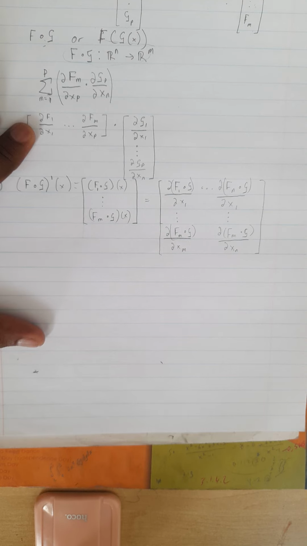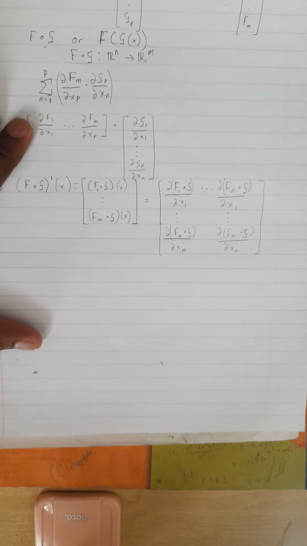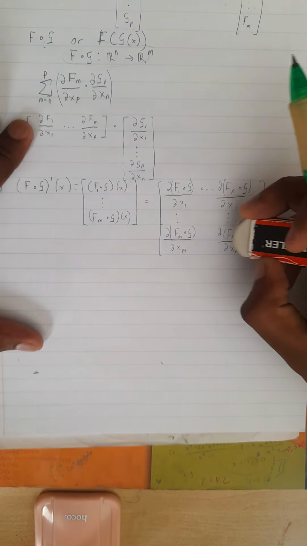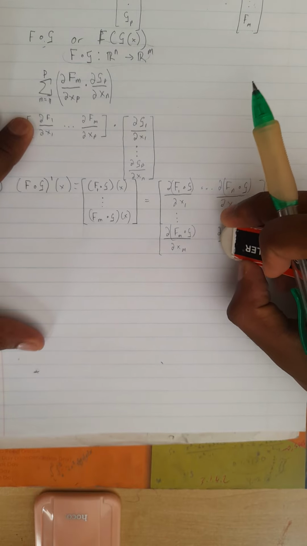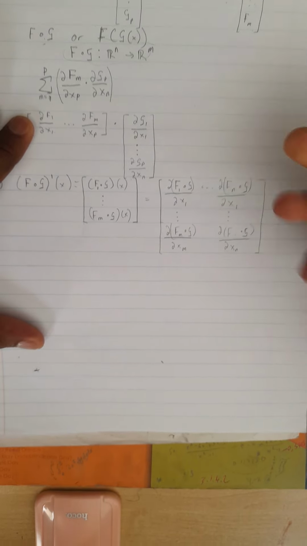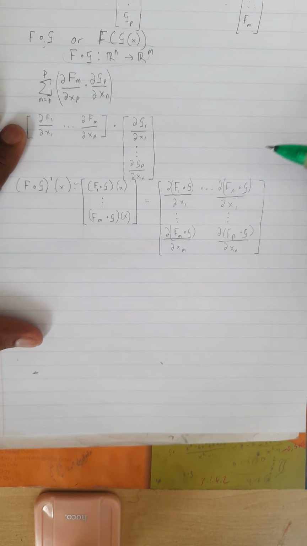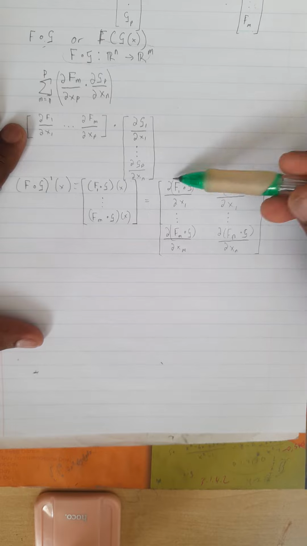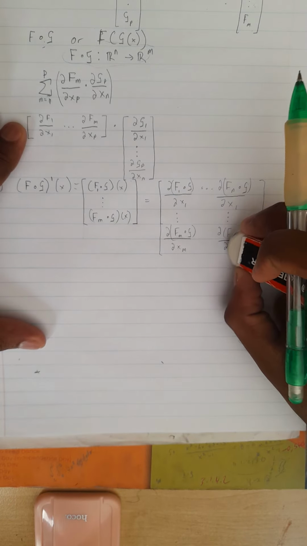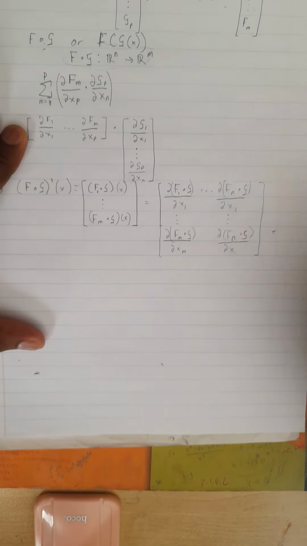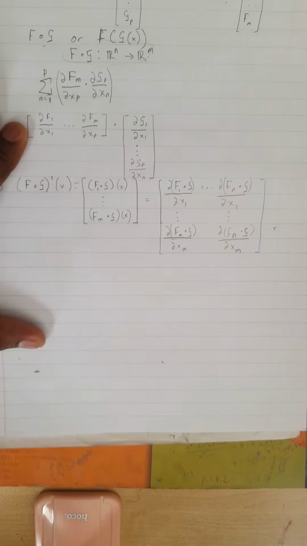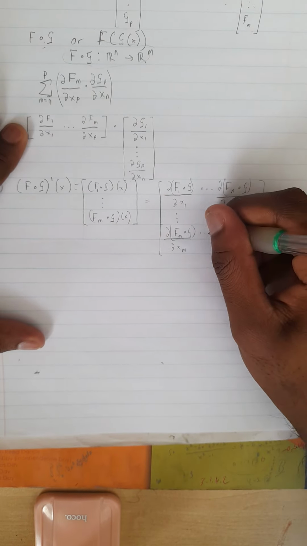So we have n columns and m rows, so this has to be with respect to xm. I hope you see the idea that's going on here.